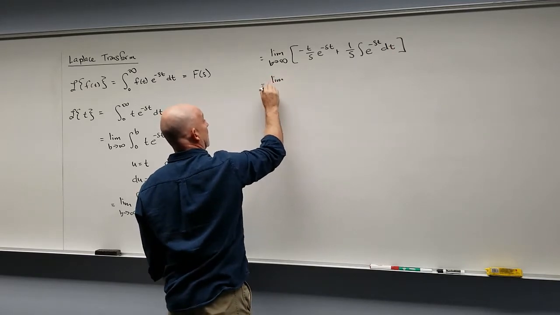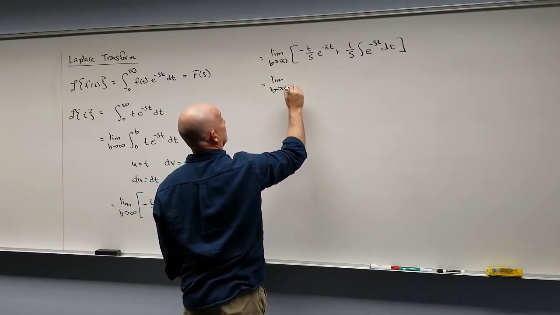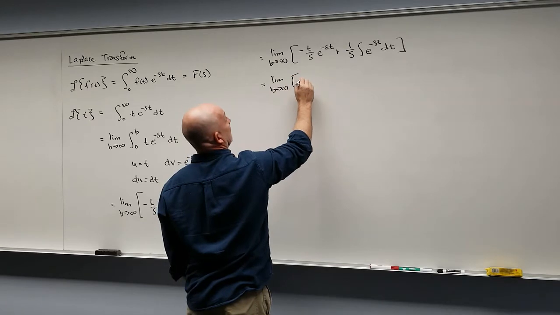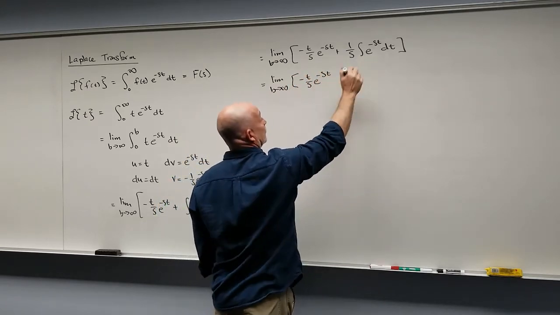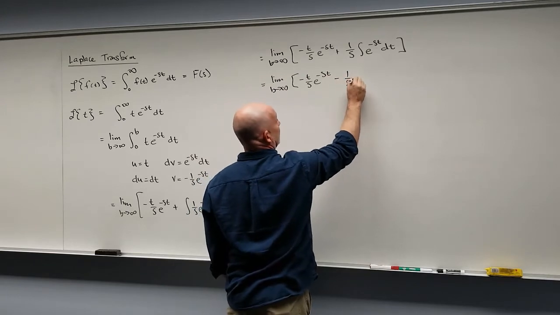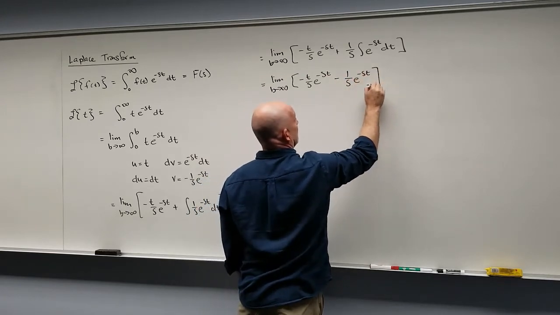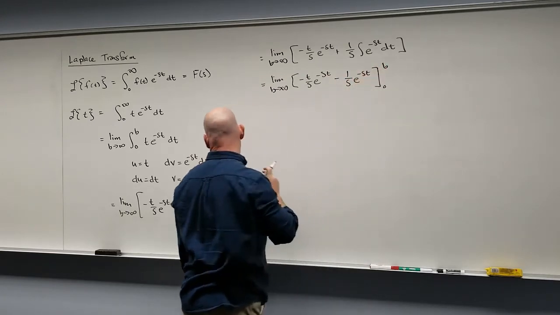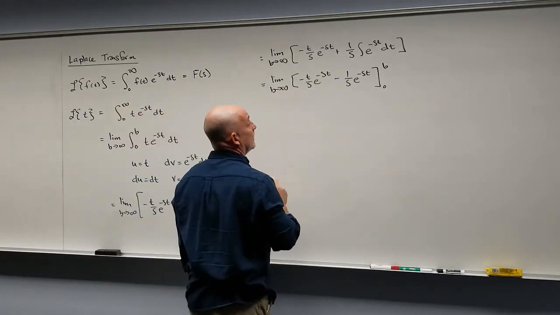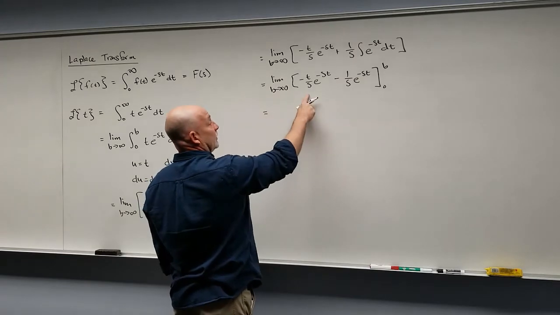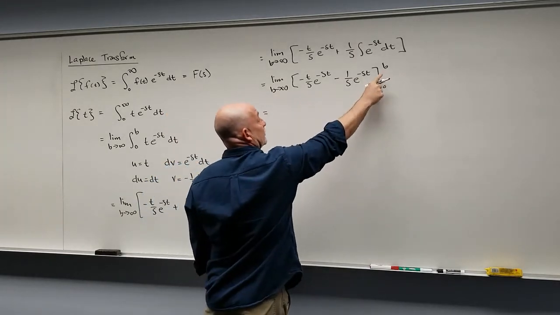So the limit as b goes to infinity of negative t over s e to the negative st. And of course, when we integrate that, that's negative 1 over s e to the negative st. Now I'm going to go ahead and put my bounds back on here, the top endpoint minus the bottom endpoint. All right, now since we integrated with respect to t, that's where the b is going in.